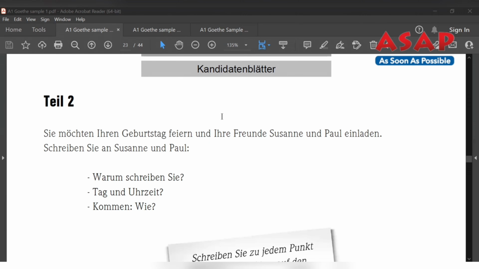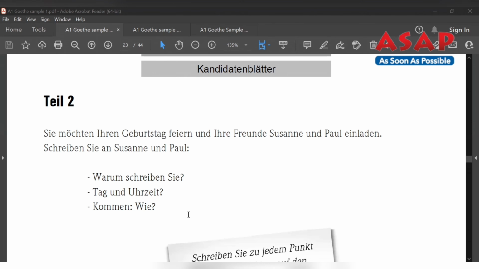Once you understand that, then check the points. Then comes the next part. Now the points here are like, as you have to invite, 3 points you need to cover. Warum schreiben Sie? Why you are writing? Tag und Uhrzeit, that means you need to tell the day and the clock timing when you want to celebrate. Feier means to celebrate.